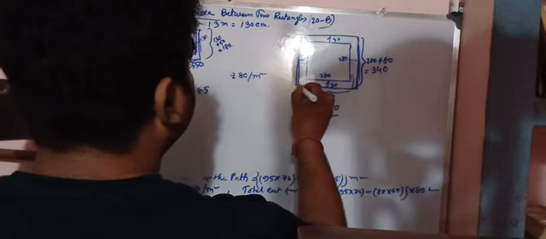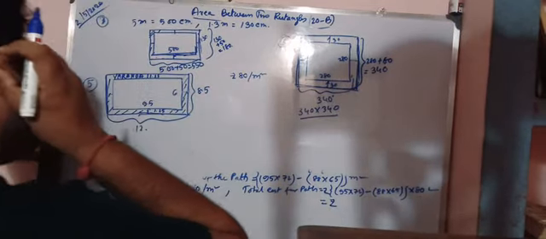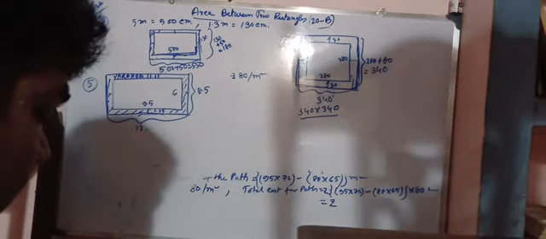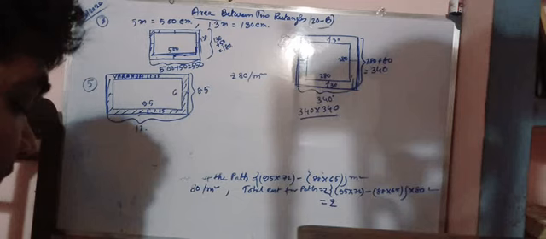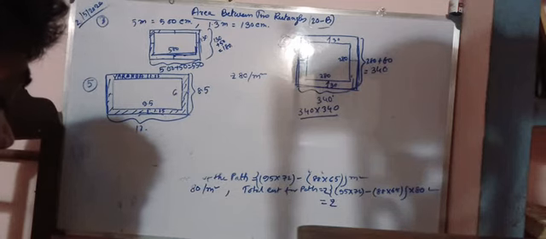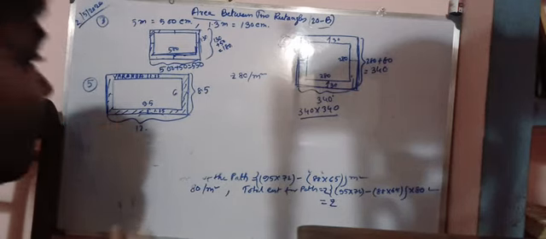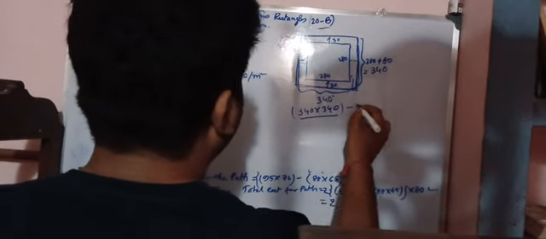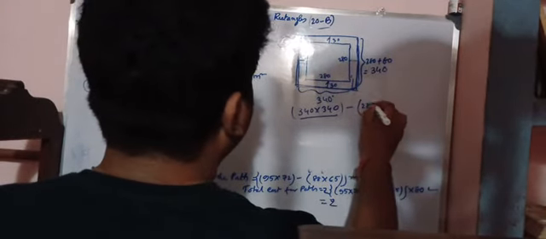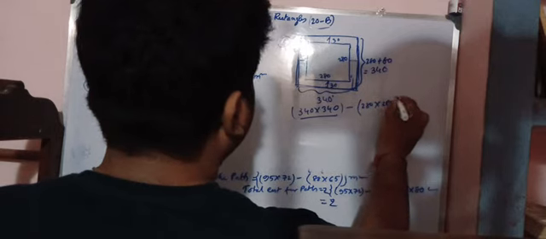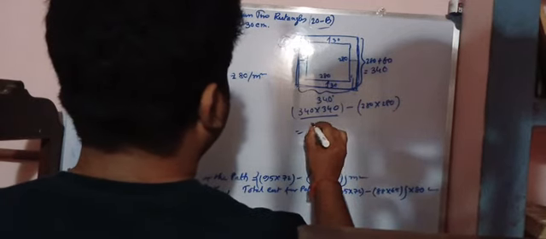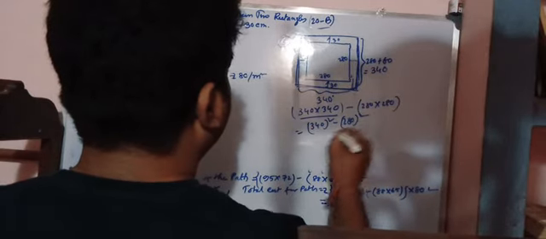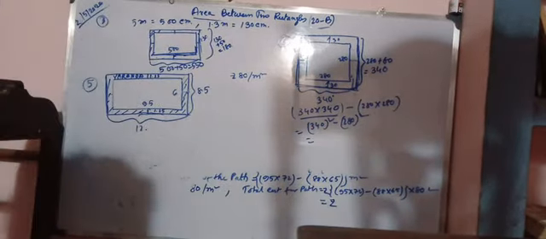And the increase in area is equal to 340 into 340 minus 280 into 280, means 340 square minus 280 square. That will be my required answer. Understood that?